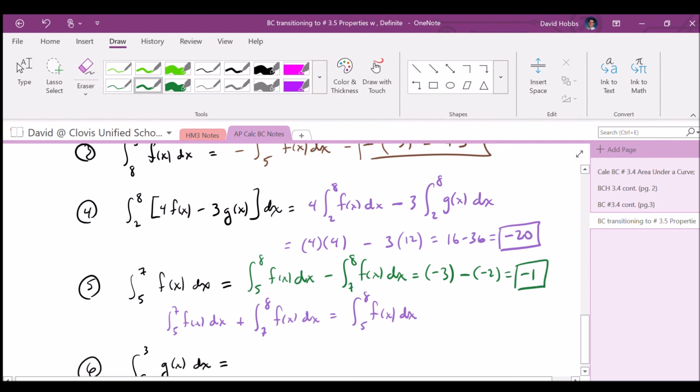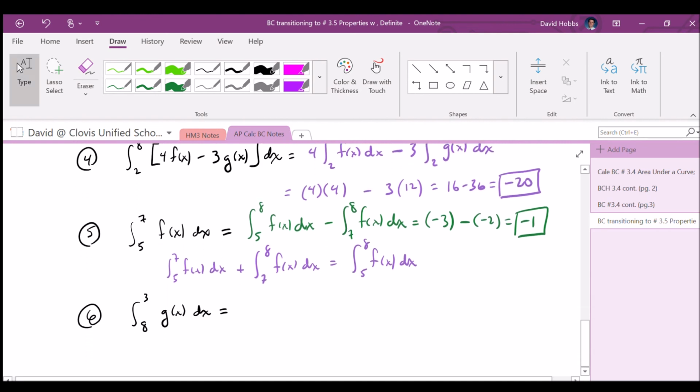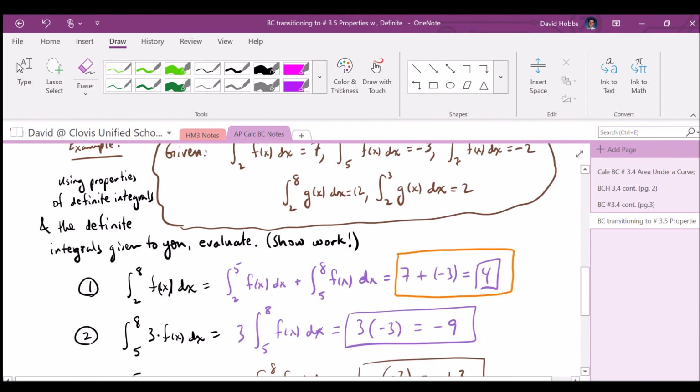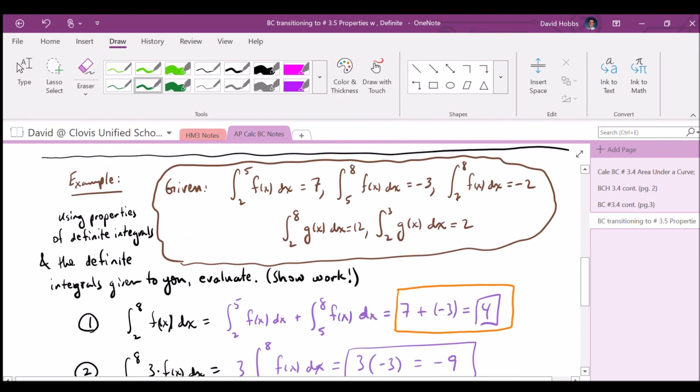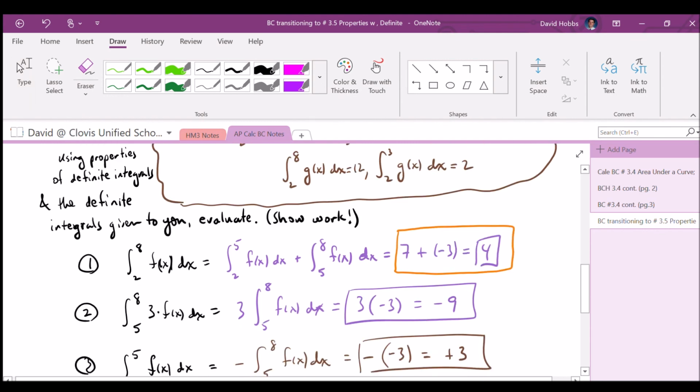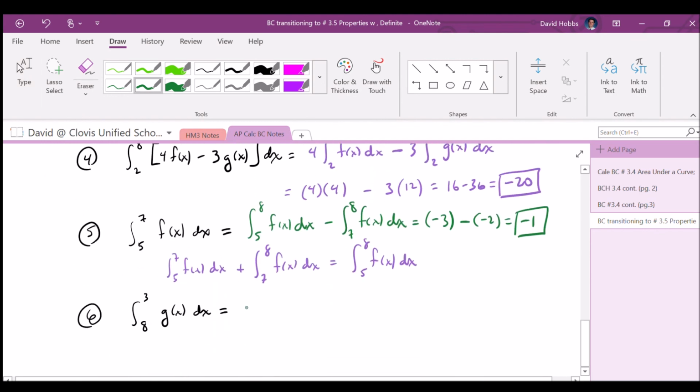Sometimes they do get a little bit trickier, and sometimes you've got to be a little bit more formal maybe here. Okay, finally, 8 to 3 of g of x dx. First off, we want to recognize the fact that the 8 to 3 is the same thing as the opposite of 3 to 8.